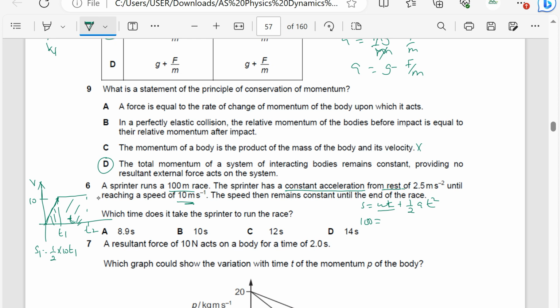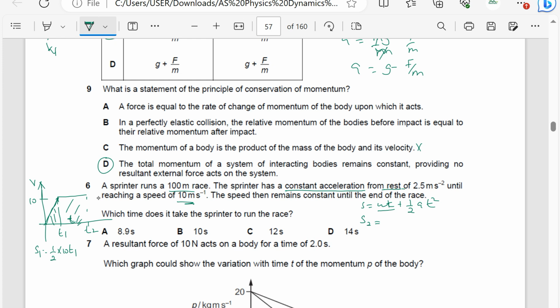So let me use this equation first to find that. Where the acceleration is constant, the distance it travels, I'll call it S2, is equal to initial velocity. It starts with, remember, the speed then remains constant until the end of the race.